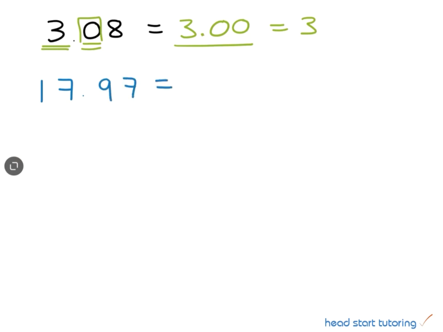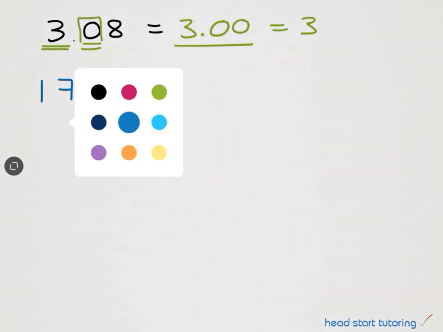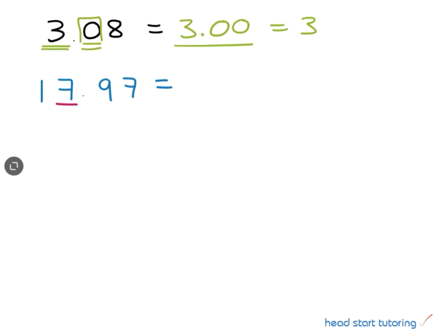If we were to round the number 17.97 off to the nearest unit, what we need to do once again is have a look at our units. The place value of our 7 is 7 units, and then we have a look at the place value to the right, which is 9 tenths. If this number is 5, 6, 7, 8, or 9, the value that we are rounding to will move up 1 digit.